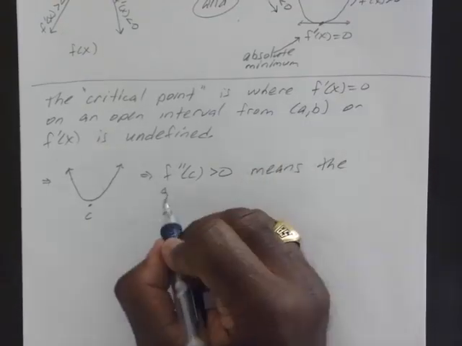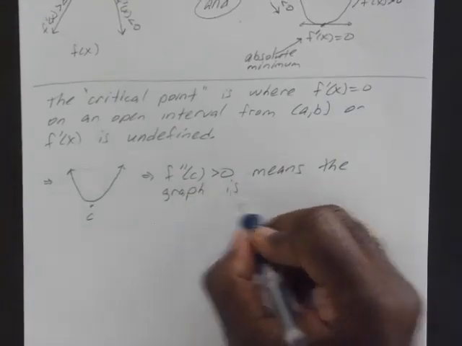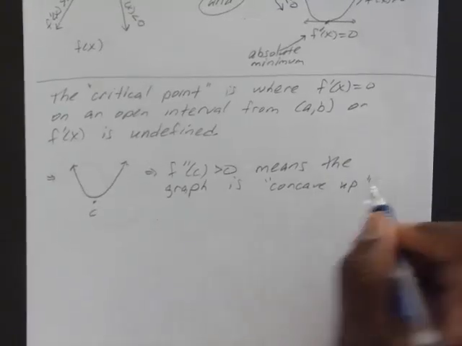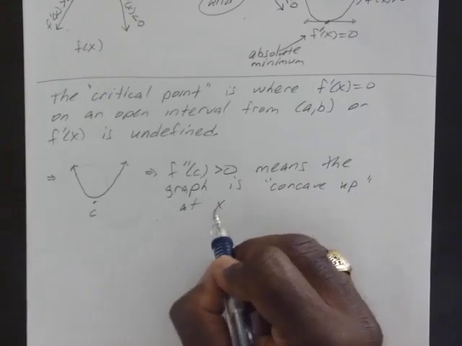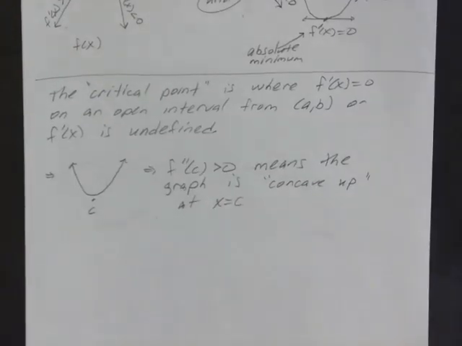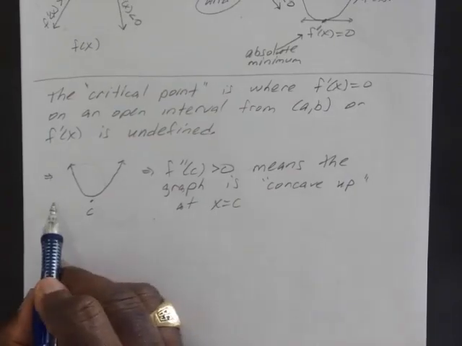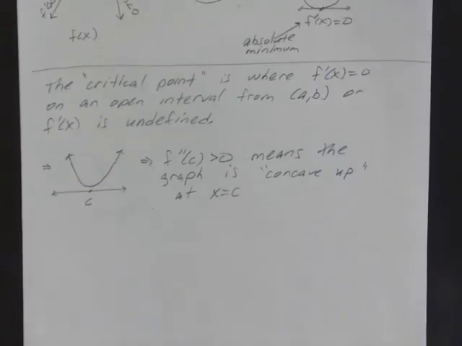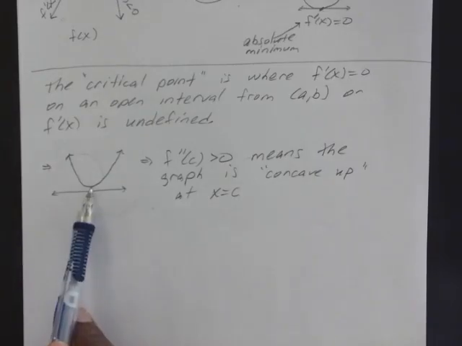It means the graph is concave up at x equals c. And I'll just put that on a little number line there. Okay, so that means your minimum, or your absolute minimum, will be at f of c.